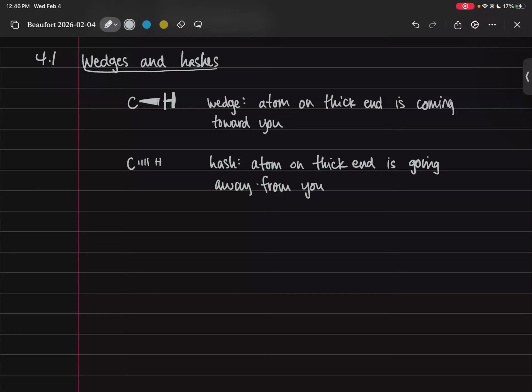And in order to illustrate some of the wedge and dash notation, we're going to build ethane. So ethane is H3CCH3, a 2-carbon chain.